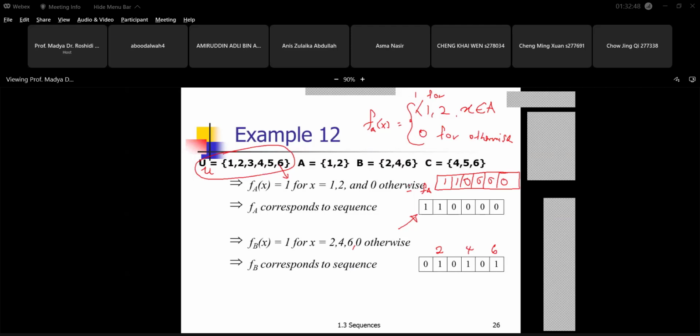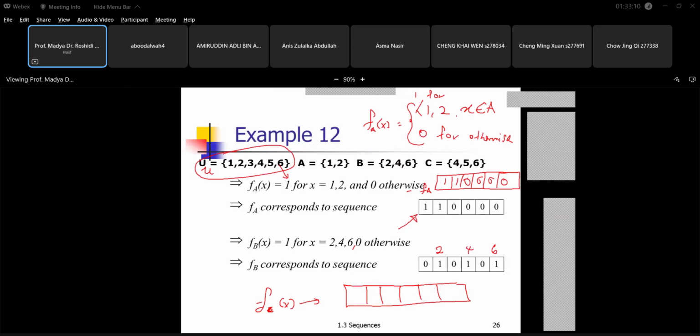Okay, how about C? For F_C, we can represent 1, 2, 3, 4, 5, 6. C only considers 4, 5, 6.